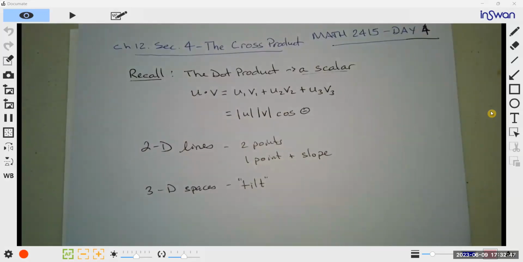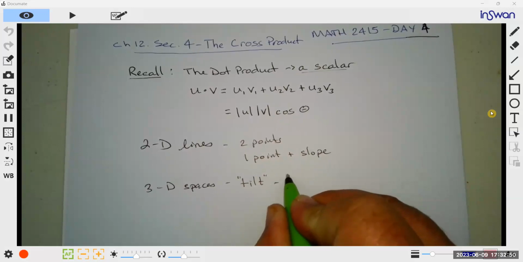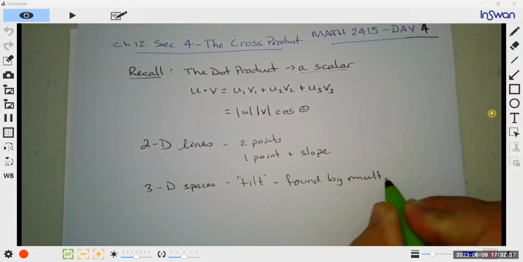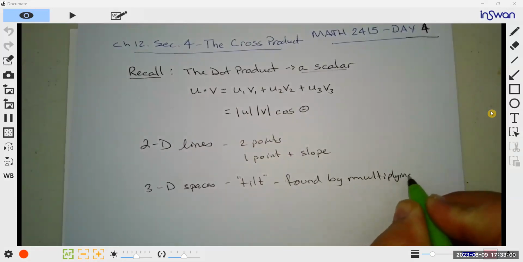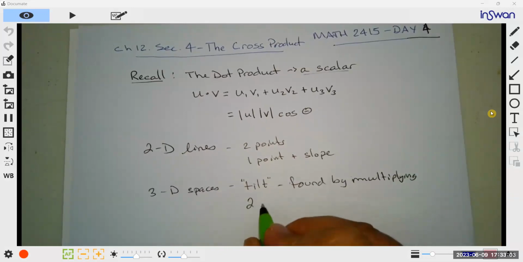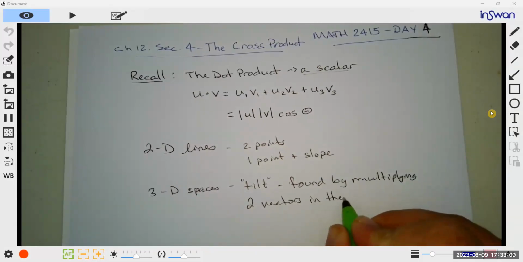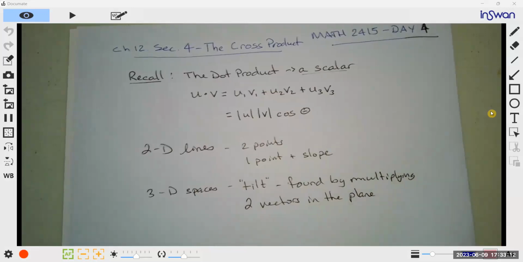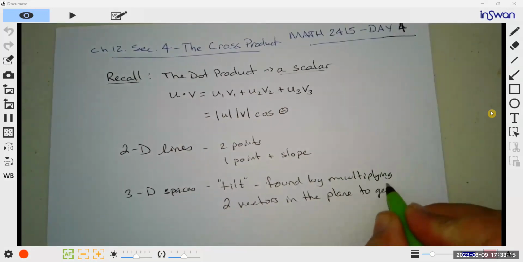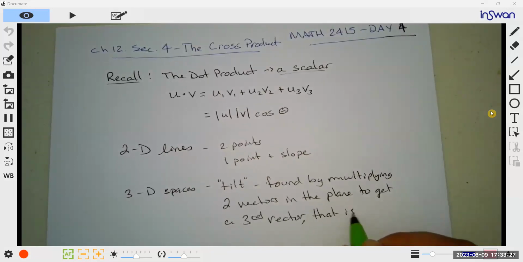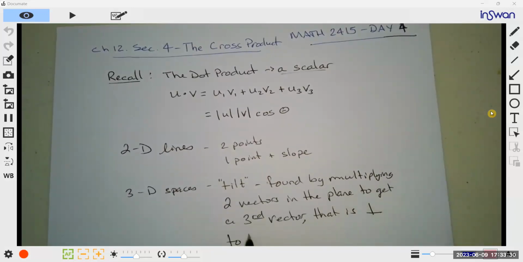You multiply 2 vectors in one plane together, to get a third vector that is perpendicular to the plane.